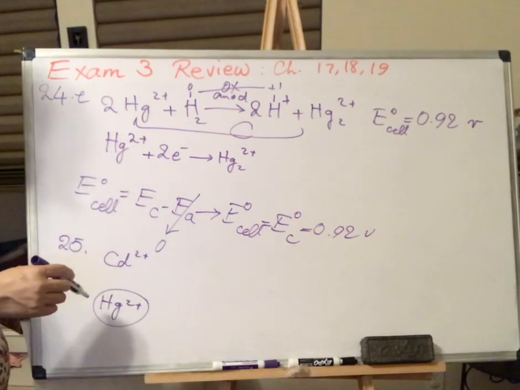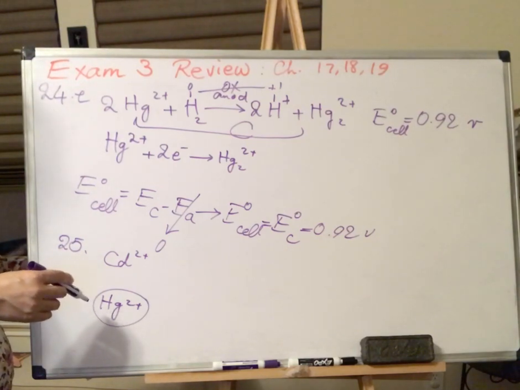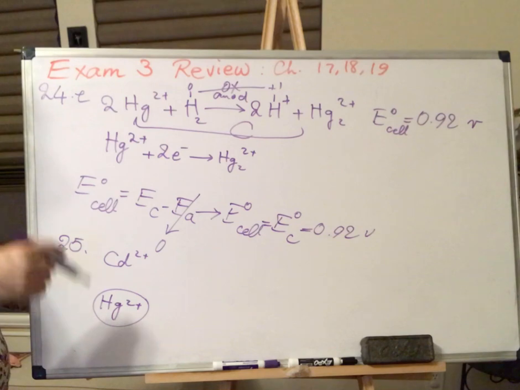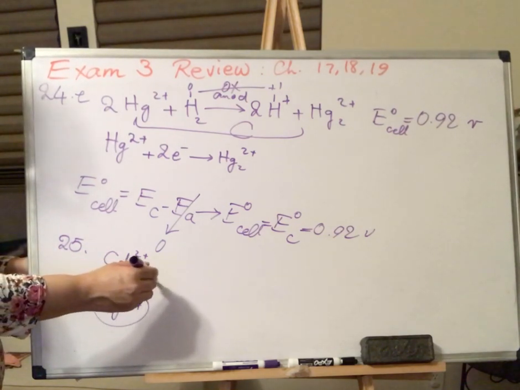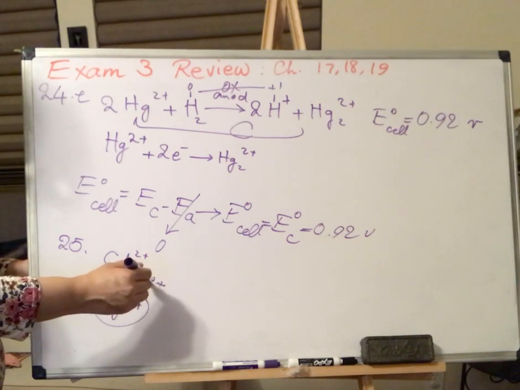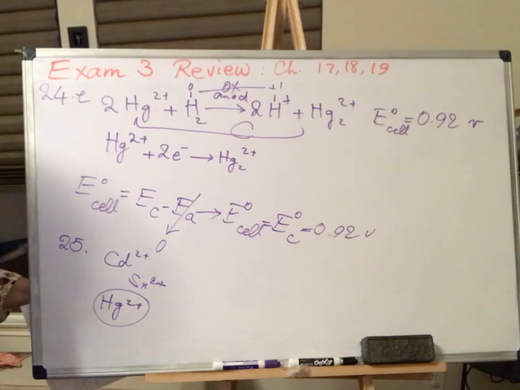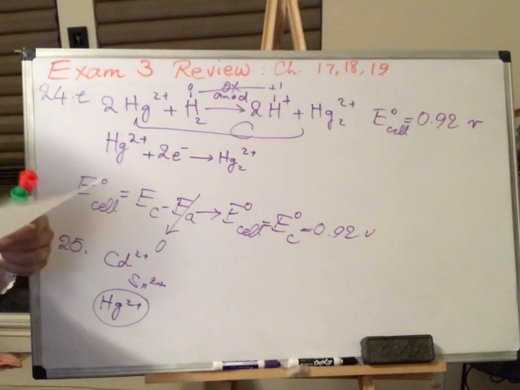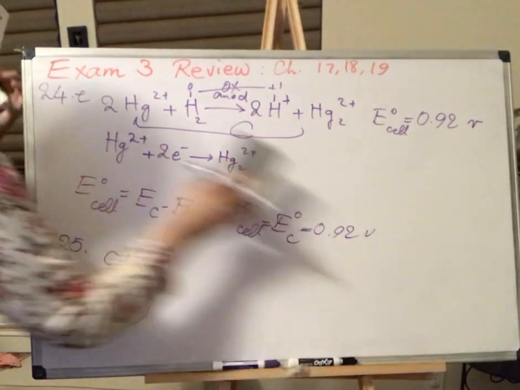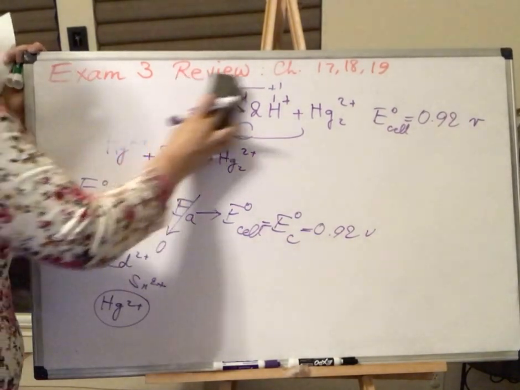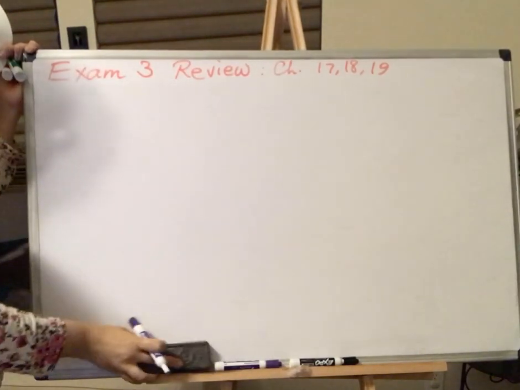So if it's going to reduce, the element must be oxidized itself. So if you just look at the list, you see that Sn is between these two. So it will be oxidized, will reduce this, but it cannot reduce cadmium. So easily you can find out it's Sn or answer choice E. Anode must have more negative potential.